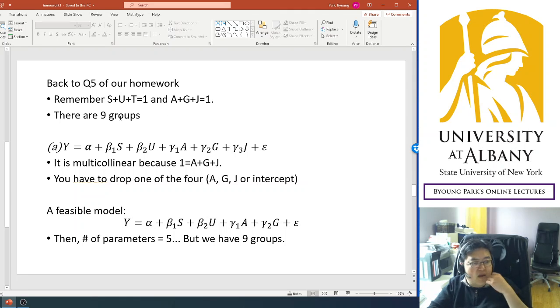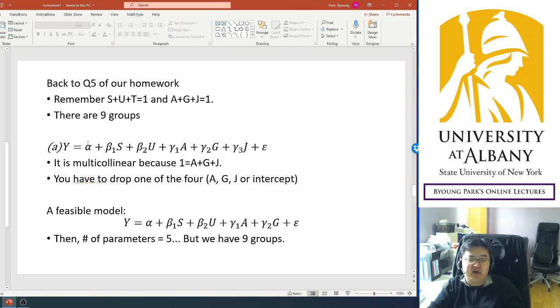Let's start from part A. A has S, U, T, A, G, J. S is sedan, U is SUV, T is truck, and A is American, G is German, J is Japanese. We have clear multicollinearity here because you cannot include all 3 at the same time together with the intercept. So you have to drop one of the 4 variables.